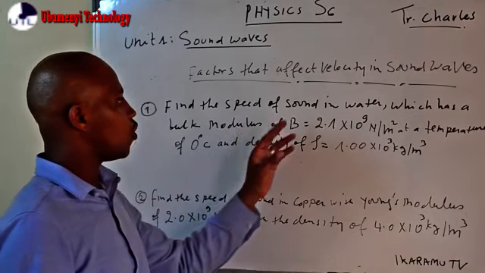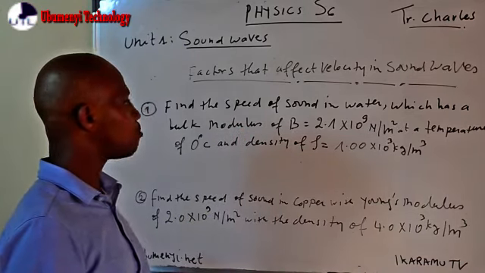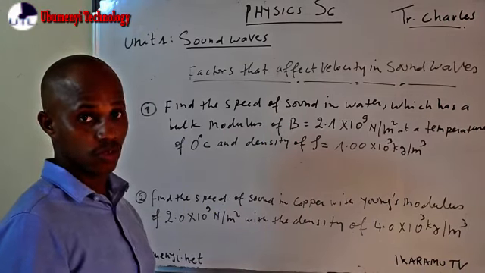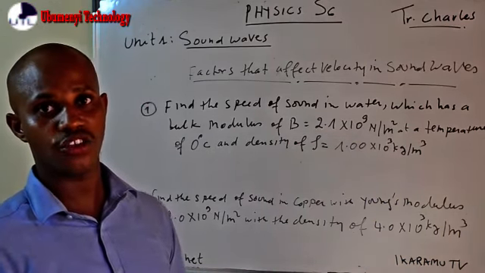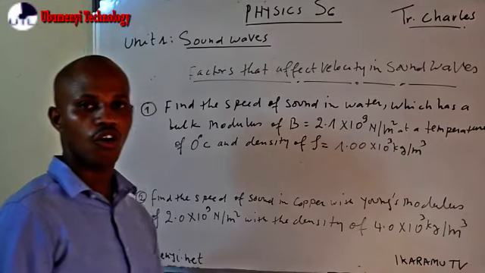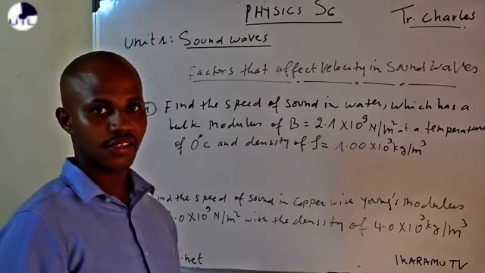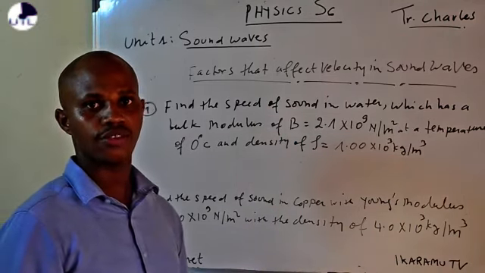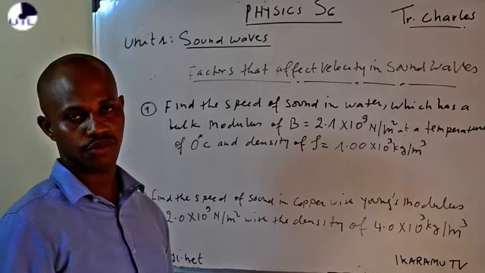Find the speed of sound in water which has bulk modulus B equal to 2.1 times 10 to the power 9 Newton per meter squared, at a temperature of 0 degrees Celsius, at the density of 1.00 times 10 to the power 3 kilogram per meter cube.